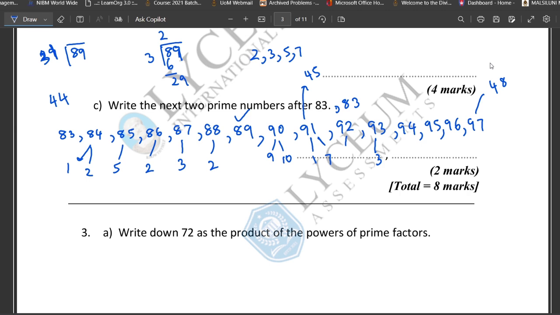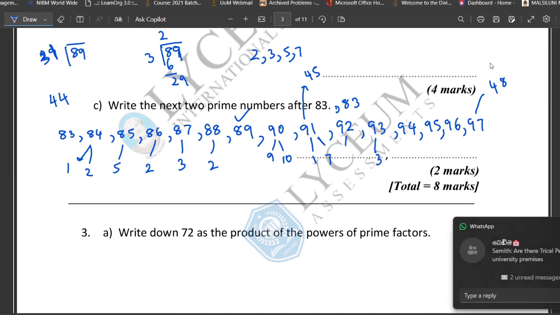What I'm doing is I divide by the number I'm checking and look whether I get a whole number as the answer. 6 is not. 7 is not. 8 is not. 9 is not. 10 is not. 11 is not. 12 is not. 13 is not. 14 is not.